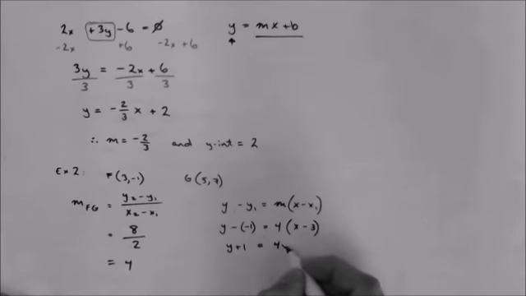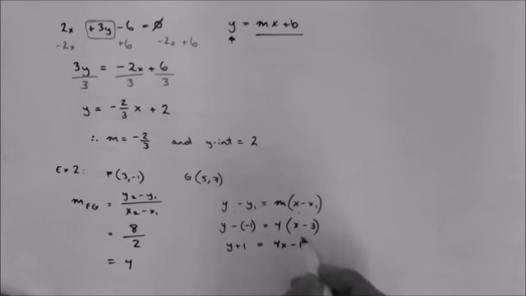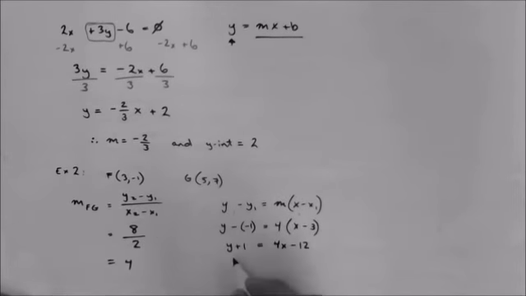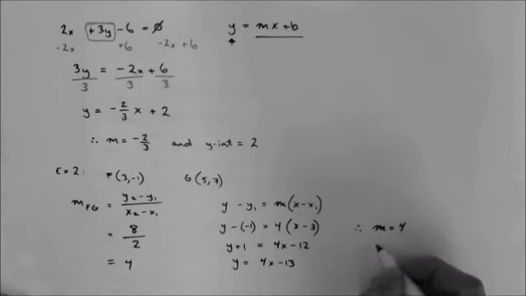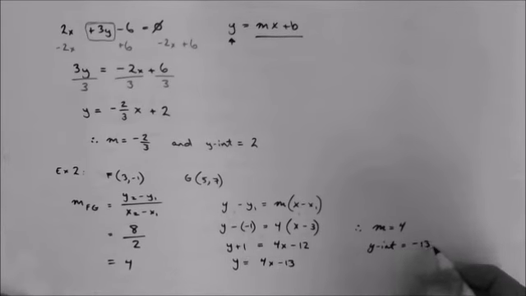The right side becomes 4x minus 12. Make sure you distribute that 4 to both terms in the binomial. Subtract 1 from each side. y equals 4x minus 13. Therefore, the slope is 4, and the y-int is -13.